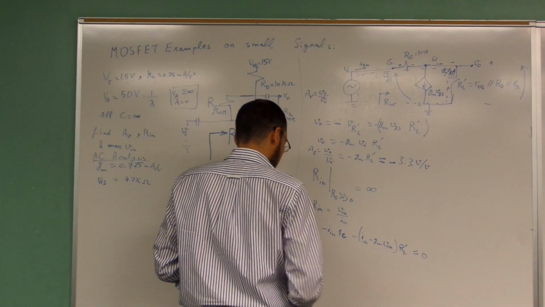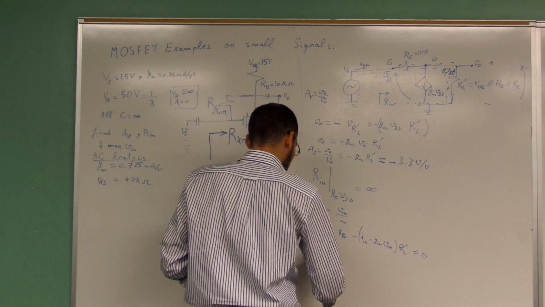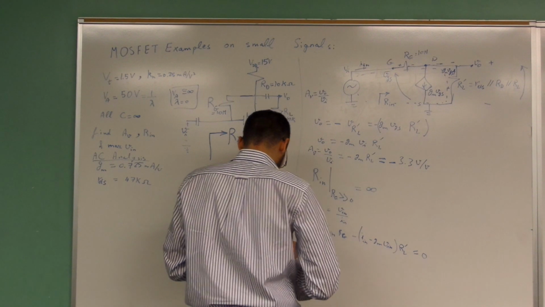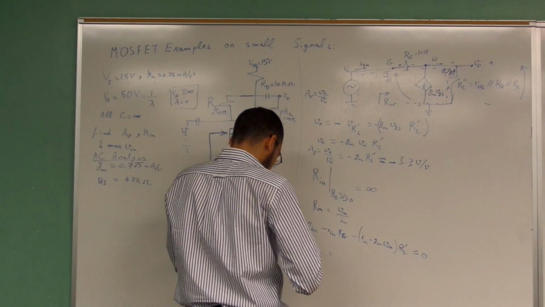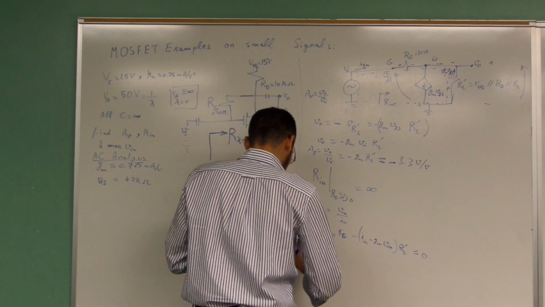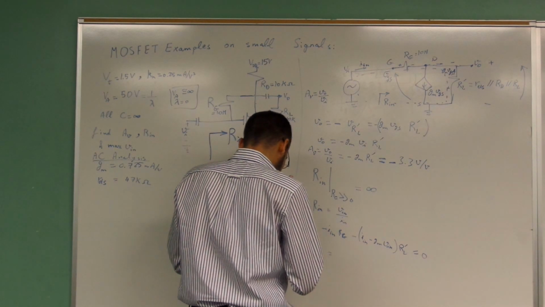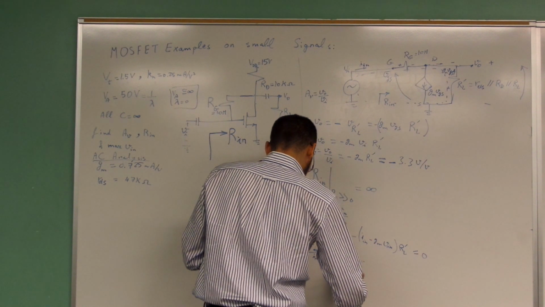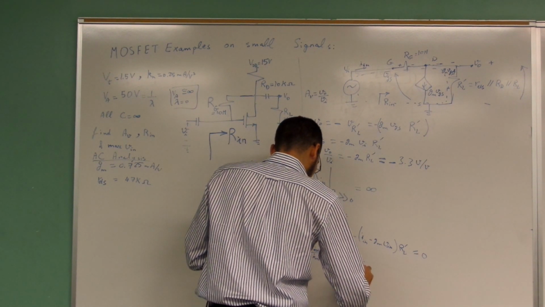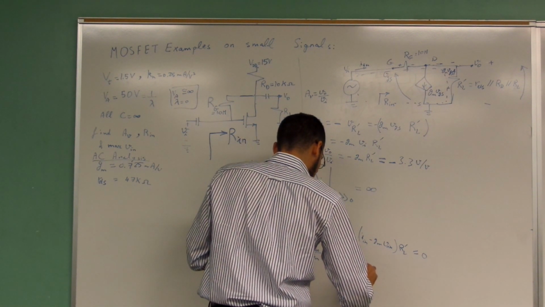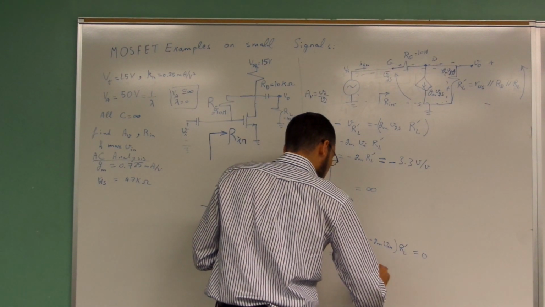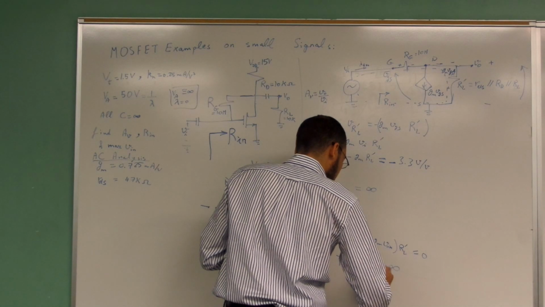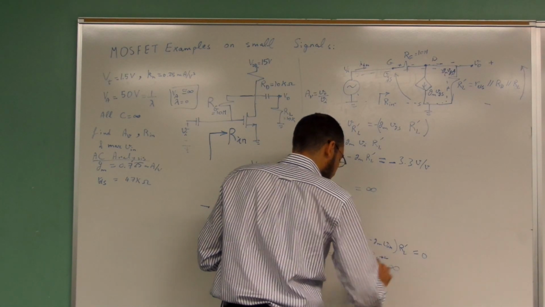Then you do the math, and you get the value of V input over I input equals R input, which is RG over 1 plus GM RL prime, which goes to infinity when RG goes to infinity.